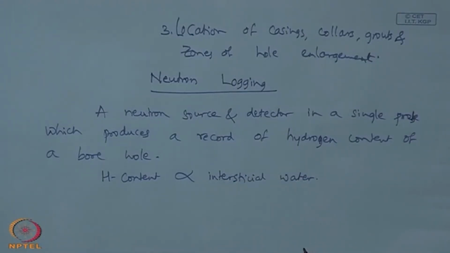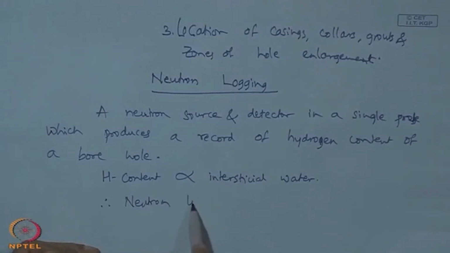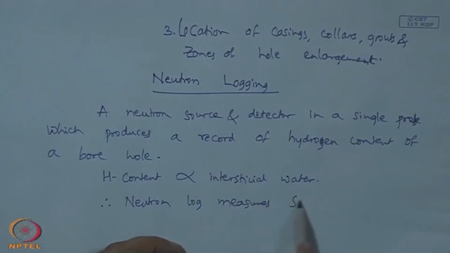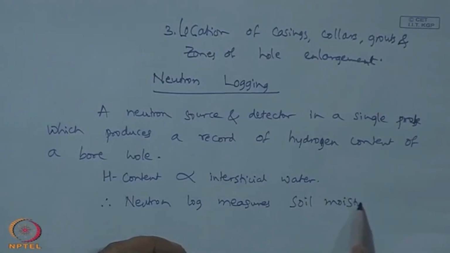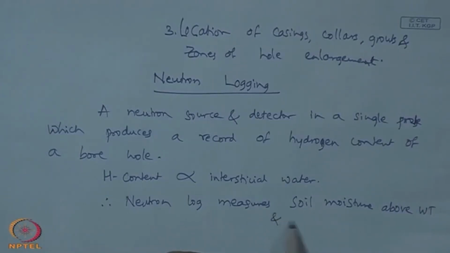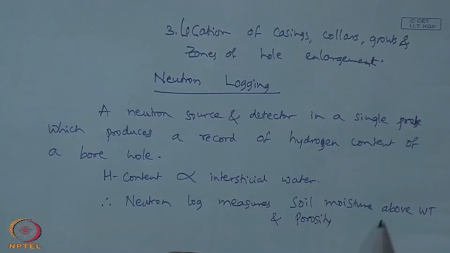And therefore, this neutron log measures soil moisture above water table and porosity below water table. So, these two can be measured.